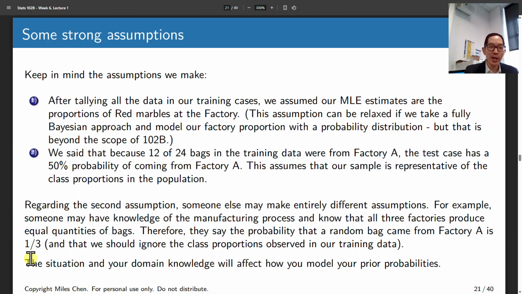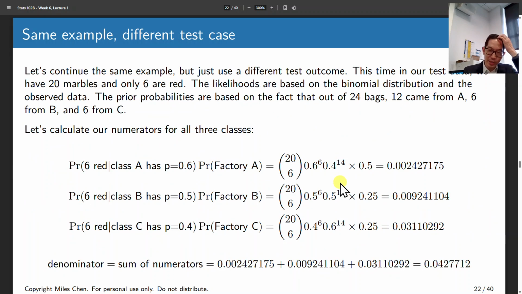If you have knowledge like that, you would incorporate that instead. But this is just a simple example, and based on the data that we had, we're just assuming that.